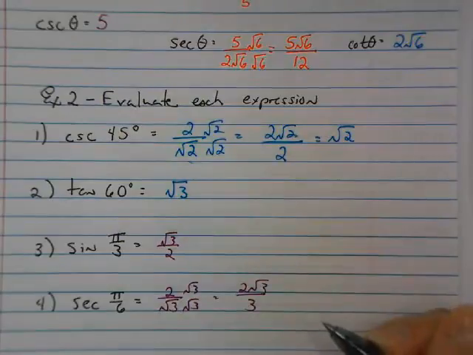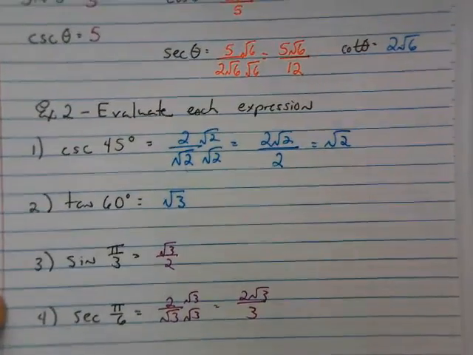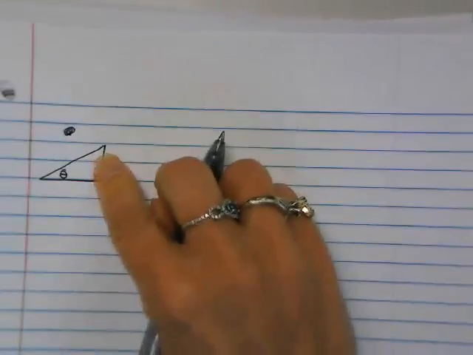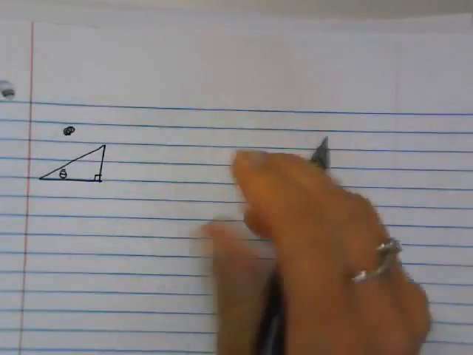Okay, next thing I want to talk to you about is something called a cofunction. If you have a triangle and say this is theta, how would you define this angle up here if I wanted it in terms of theta? Well, for right now, let's just say that this is y.